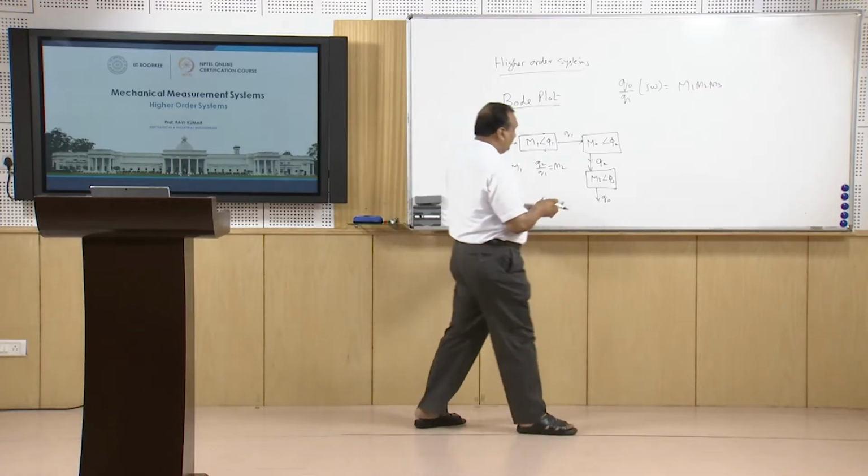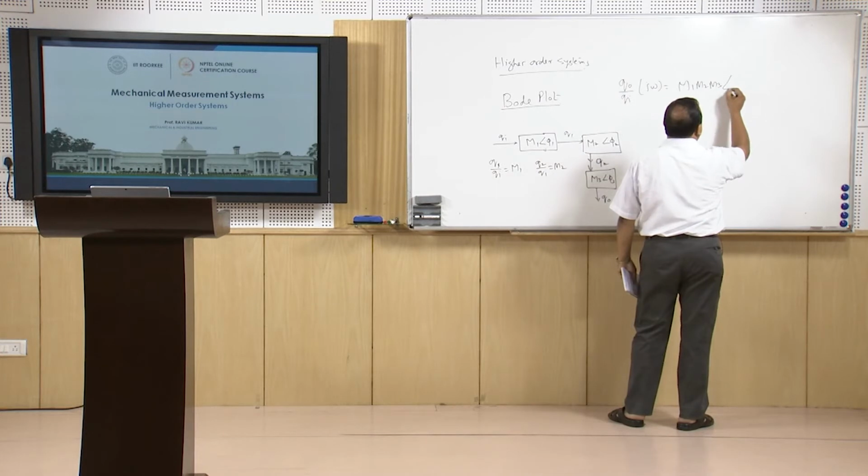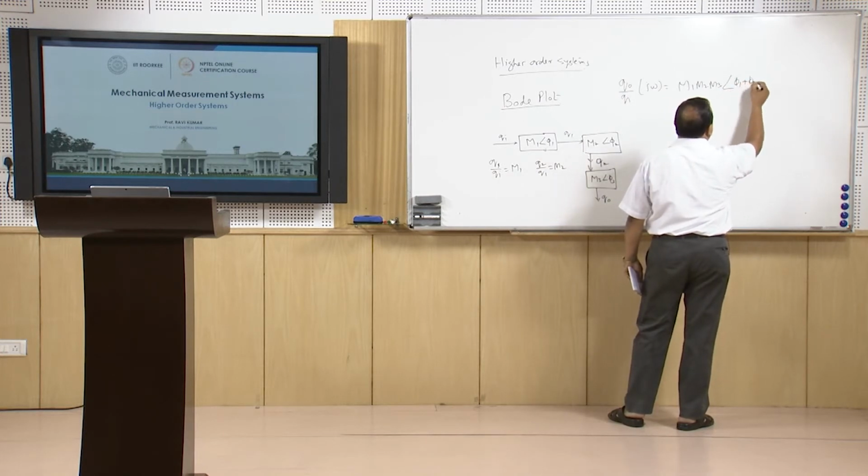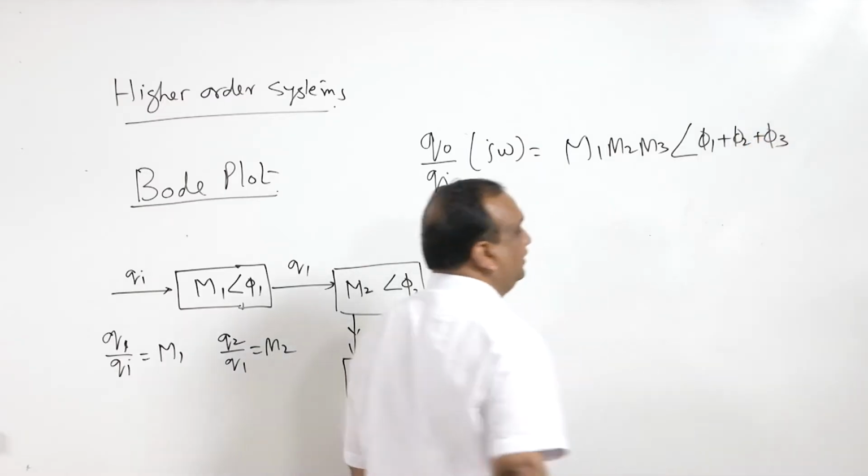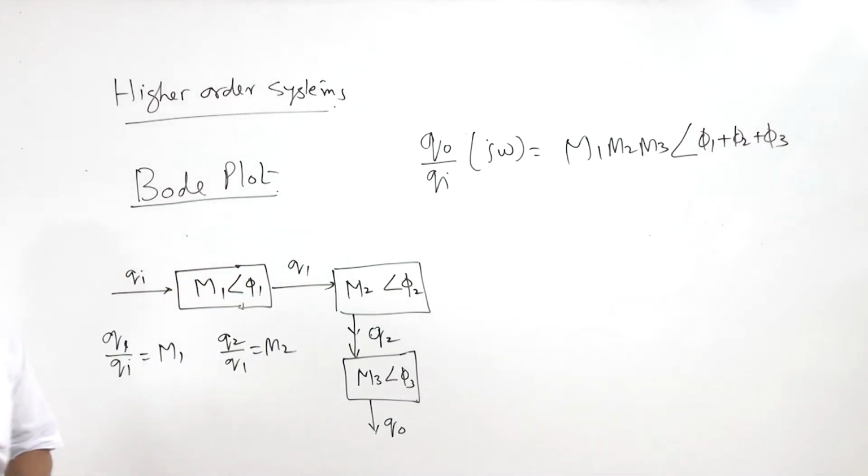And then once we have Qo upon Qi, the phase angle will be phi 1 plus phi 2 plus phi 3. So this is the response of higher order system, the frequency response of higher order system.